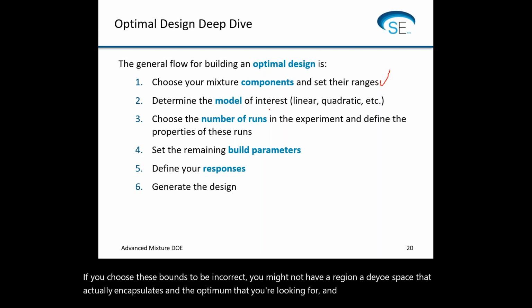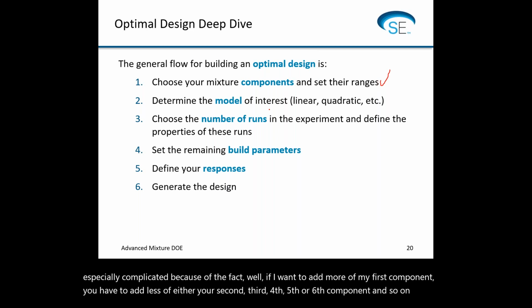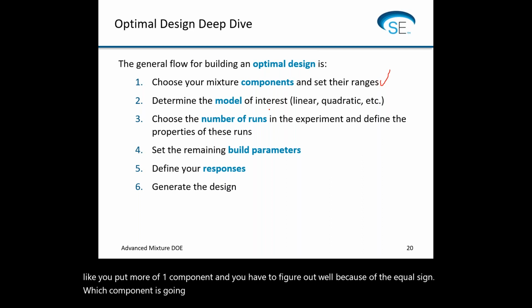And with mixtures, this is especially complicated because if I want to add more of my first component, you have to add less of either your second, third, fourth, fifth, or sixth component, and so on. Because of the equal sign, you have to figure out which component is going to be put in lesser quantities.